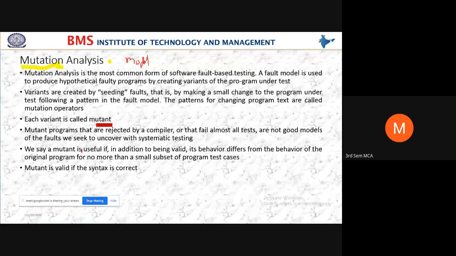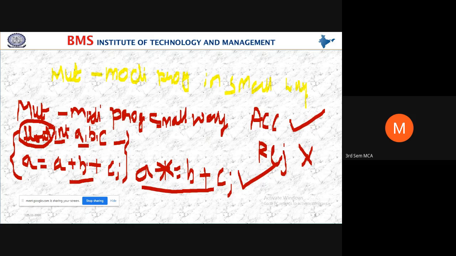So mutant programs that are rejected by the compiler or that fail almost all tests are not good models of the faults we seek to uncover with systematic testing. In simple words, if the mutation is affecting the behavior of the program, then that mutation will be rejected.